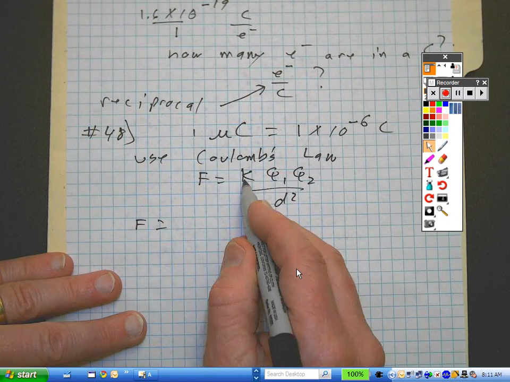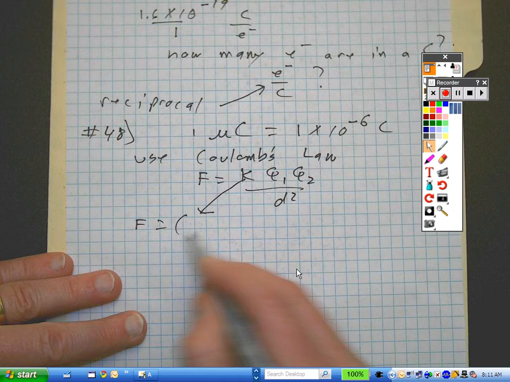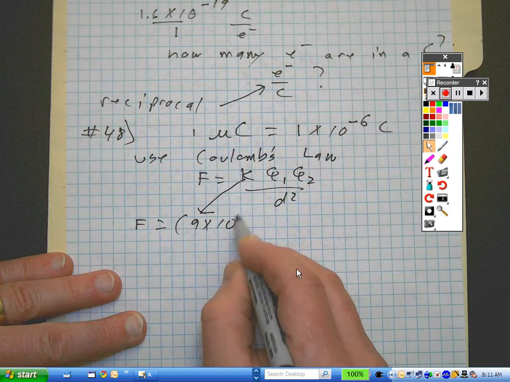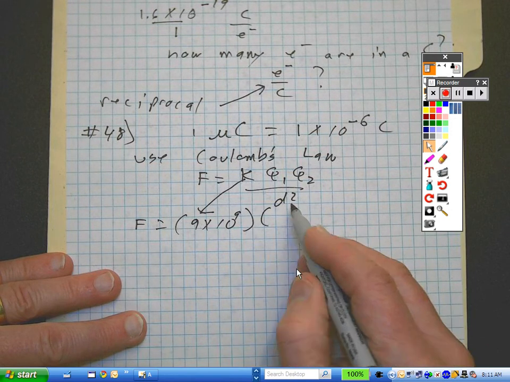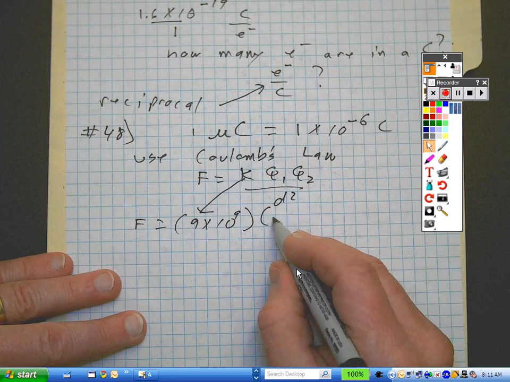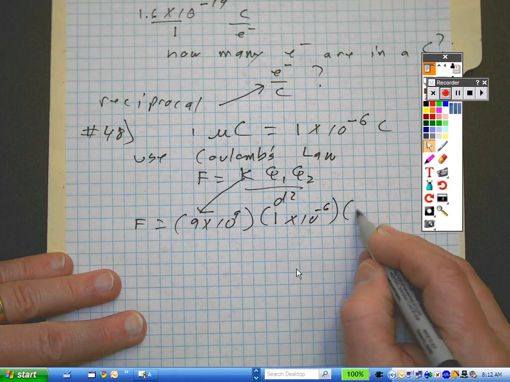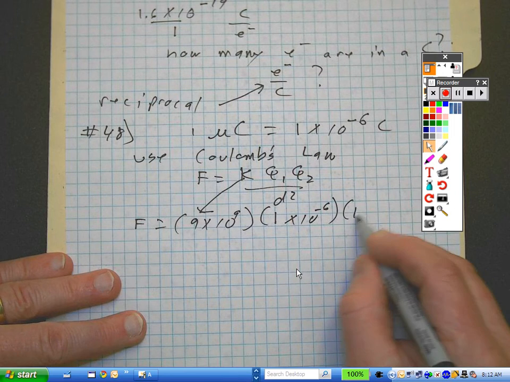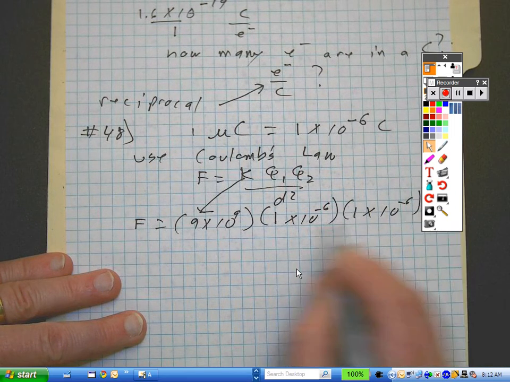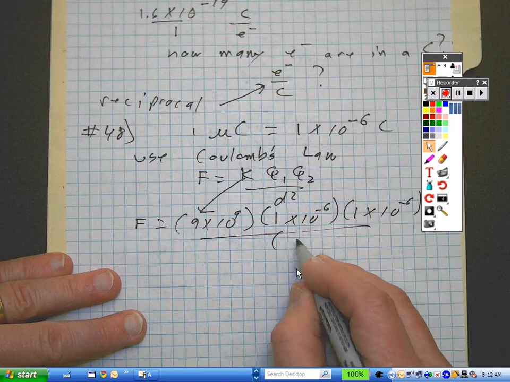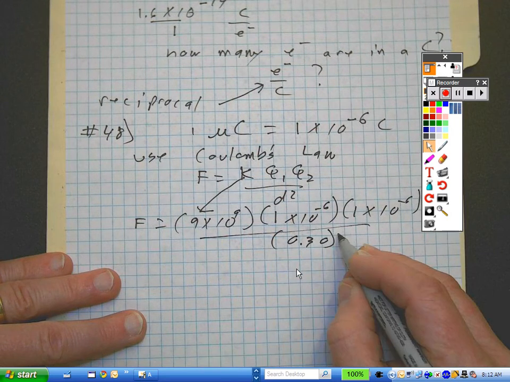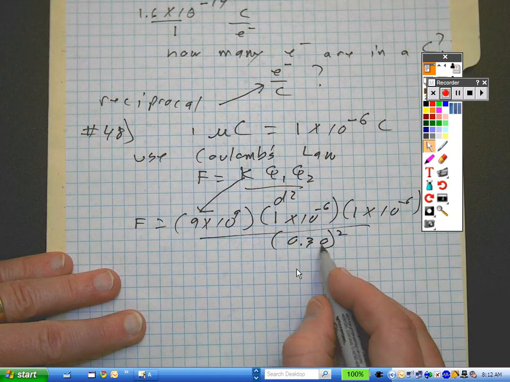Remember, Coulomb's constant is 9 times 10 to the 9th. Charge number 1 is 1 microcoulomb, 1 times 10 to the minus 6. Charge number 2 is the same, 1 times 10 to the negative 6. The distance between them is 0.30, and then that needs to be squared. This always needs to be in meters.